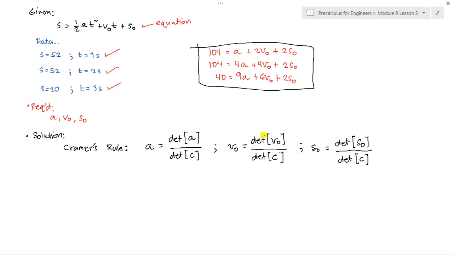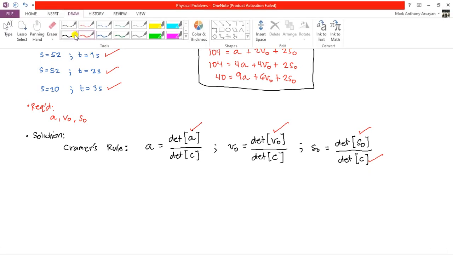So, since naaman ta diri mga nagkalain-laing mga matrices, we have matrix A, so to identify ha, matrix for acceleration, matrix for the initial velocity, and matrix for our initial height, and lastly, matrix for our coefficient. So, para masolve na nato, ato tagsa-tagsaon pagpangita ang ilahang mga matrix.